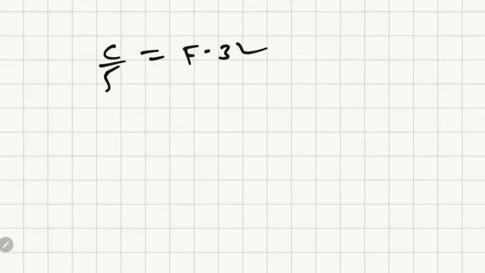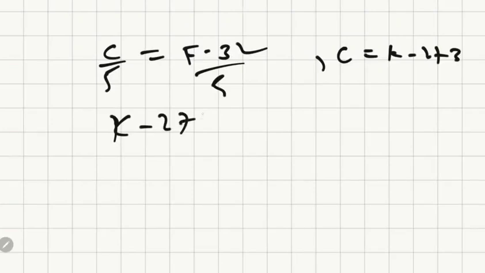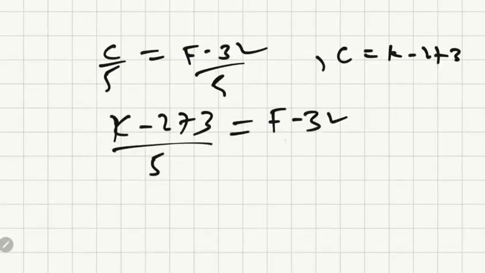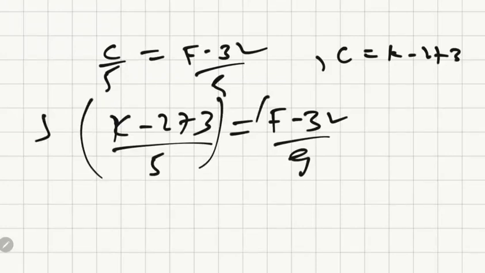So you have C over 5 is equal to F minus 32 over 9, but your C is K minus 273. So K minus 273 over 5 is equal to F minus 32 over 9. Solve for K. Multiply both sides by 5 first. When you multiply this by 5 and that by 5, you can cancel this.